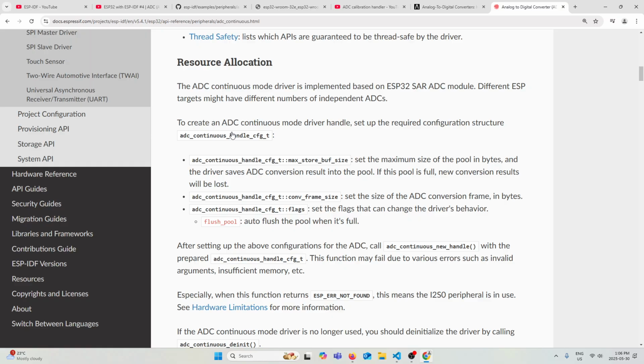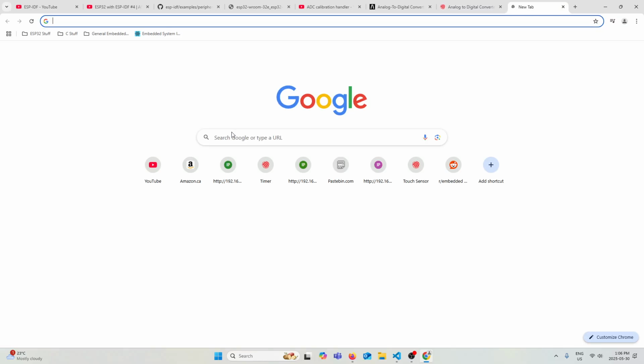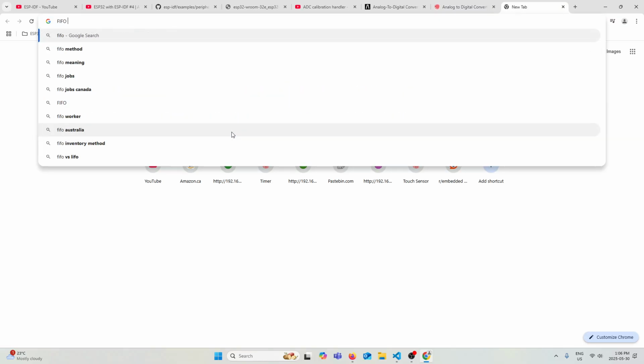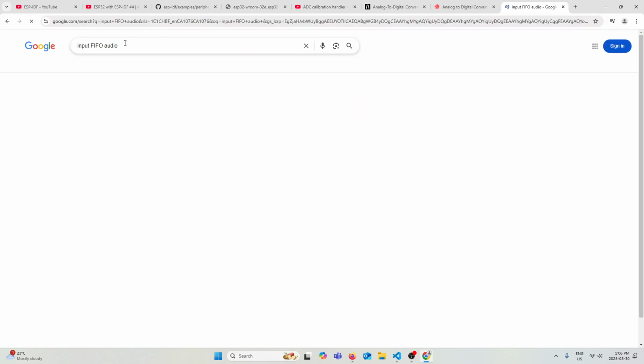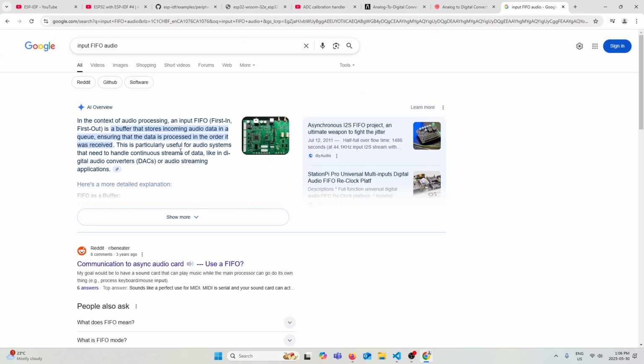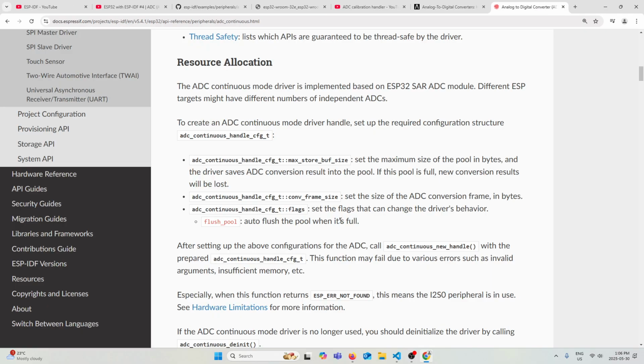I think this is the FIFO, right? The input FIFO. It's a buffer that stores audio data in a queue. Yes, this is the input FIFO.